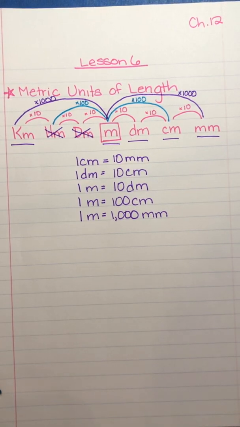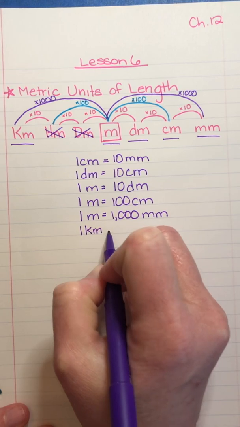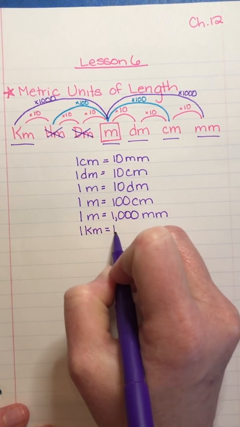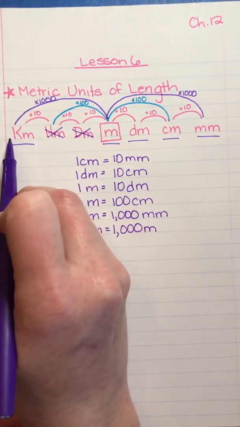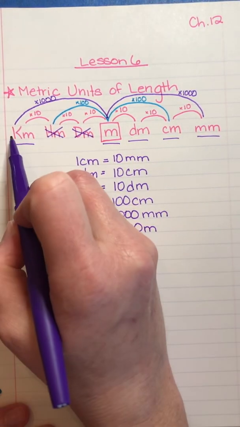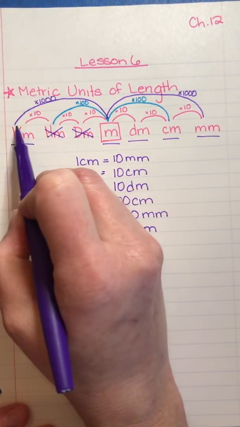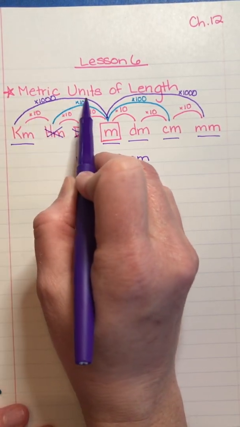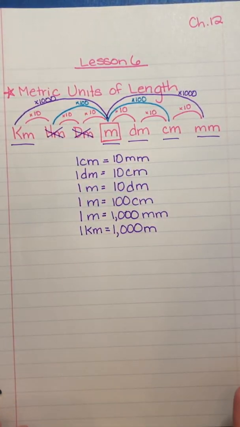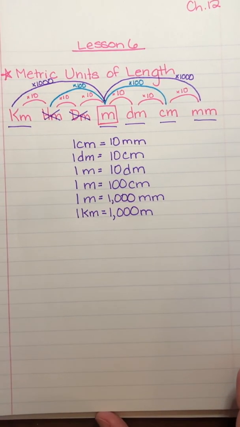The other one that I want you to know is that 1 kilometer is equal to 1,000 meters. So one of these gigantic kilometers, if I make a huge leap, skipping over hectometer and decameter, and go to meters, it would be times 1,000. Okay? So those are the basic facts that you need to know for this lesson.